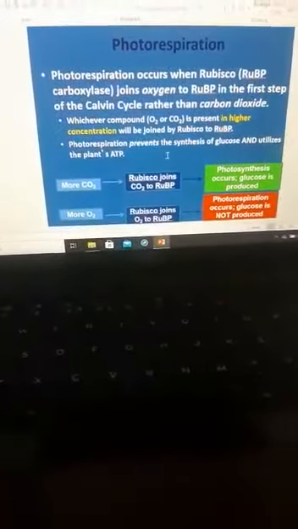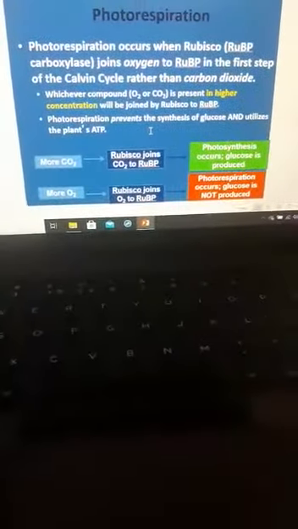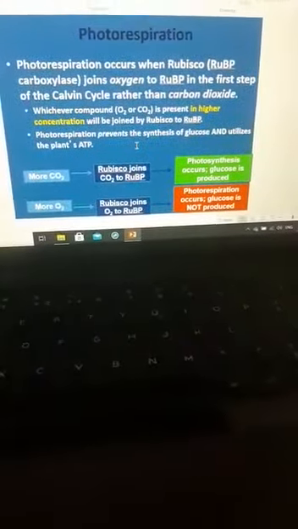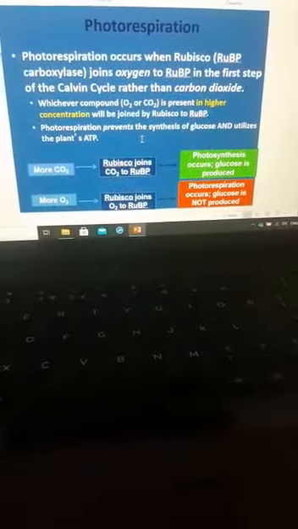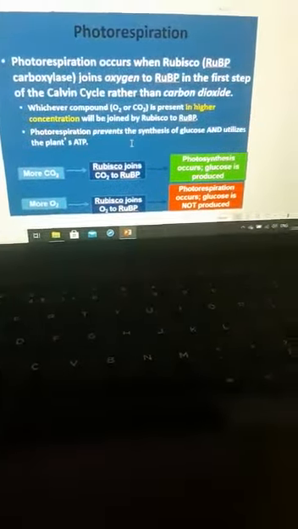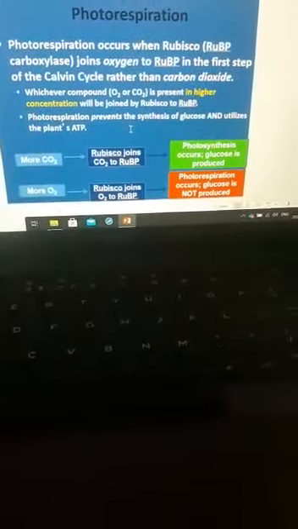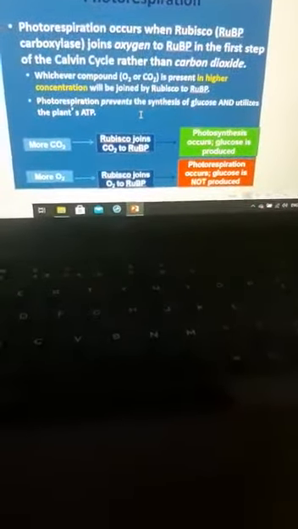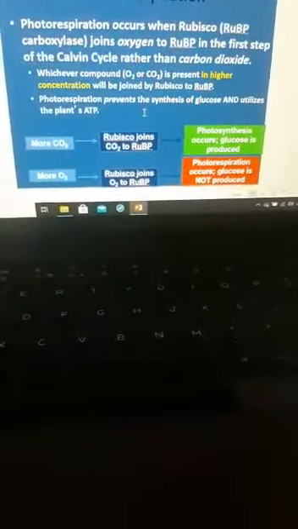it reduces or prevents the formation of glucose. Basically, the fixation of carbon dioxide, which results in the synthesis of glucose, is prevented by the process of photorespiration.